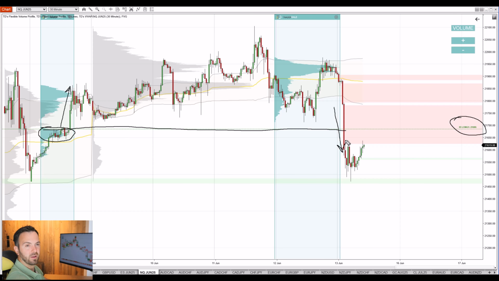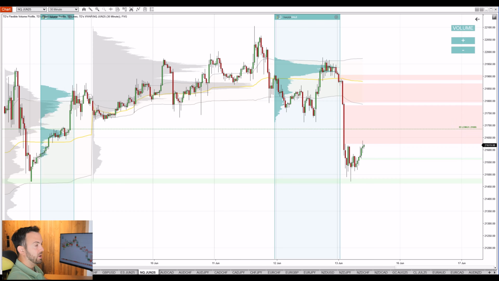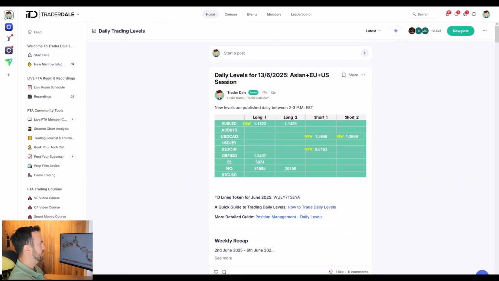And by the way, those levels which I'm showing you, those are levels which I publish every day for members of my trading course. Those aren't just levels which I would pick to brag about in a video. Let me show you real quick. So this is the members area. This is where I publish the levels every day.